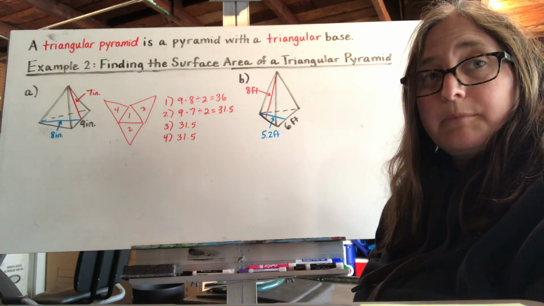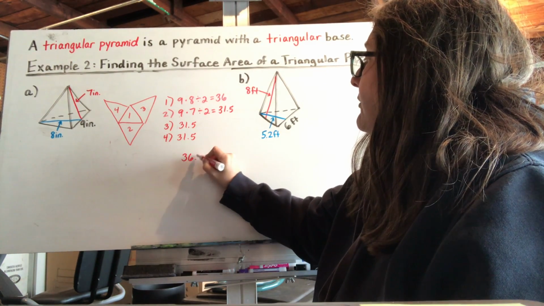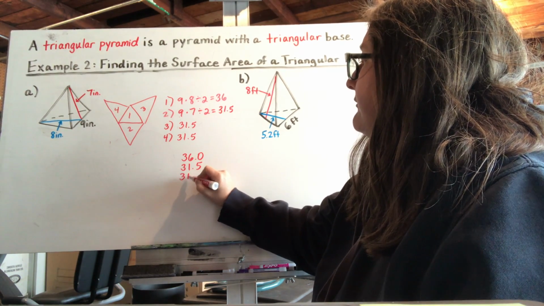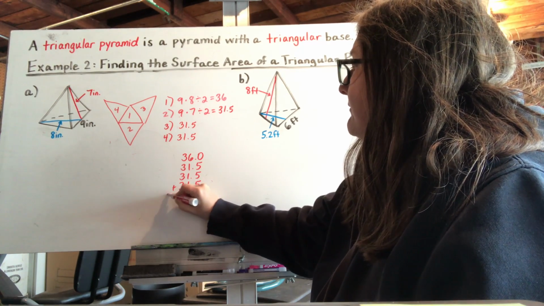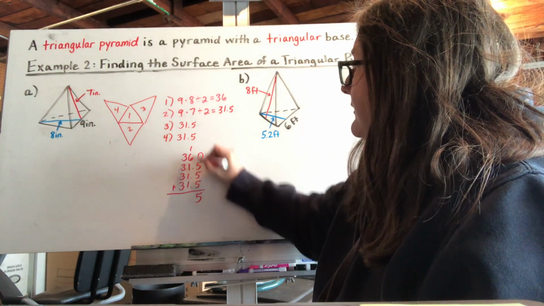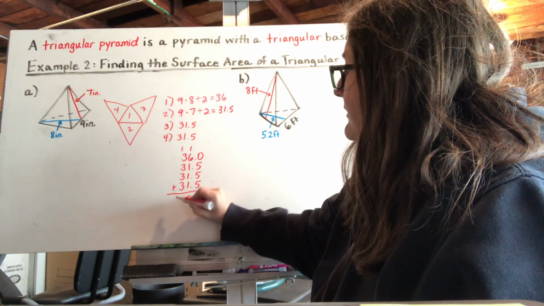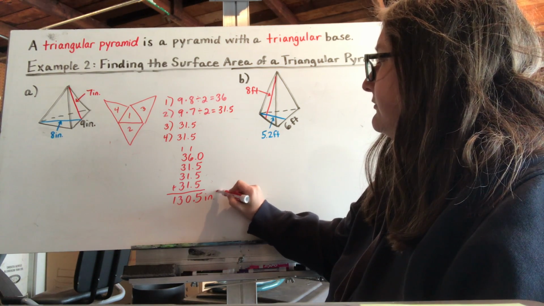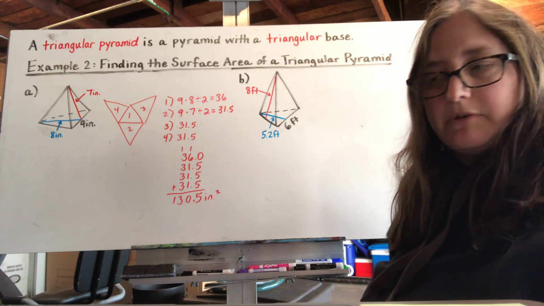So now I have to add up all 4 of my sides to get the total surface area. So 36 and then 31.5 3 times. So I get 130.5 inches squared for my surface area for that first triangular pyramid.